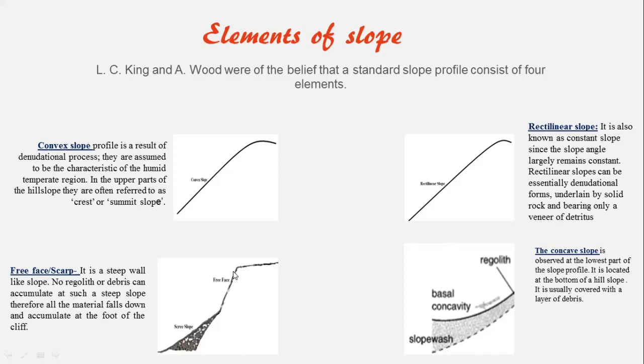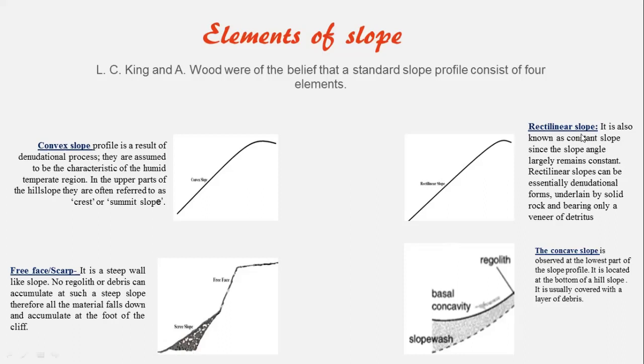Obviously, because of gravitational pull, they will be depositing down. So this particular area remains free of any detritus or debris. So geomorphologists call this free face. Then these will accumulate where? Towards the base of that slope.